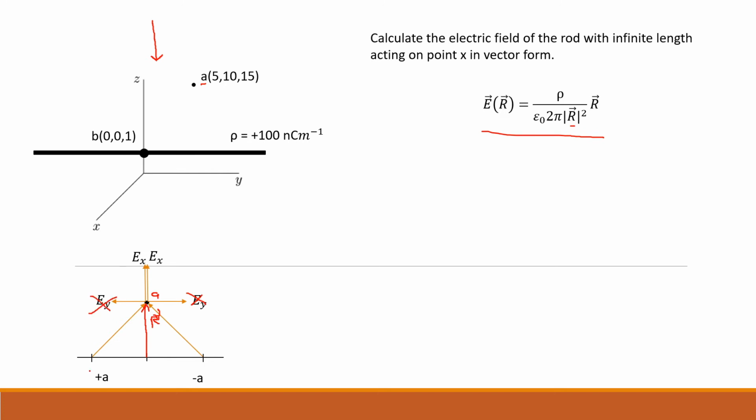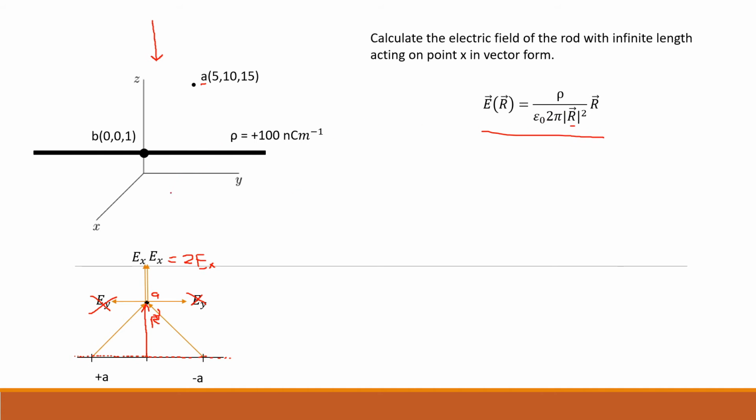We don't have any Ey here, but the Ex components are parallel to each other, and hence we add them up. This is true for all the little points, and if we add them bit by bit, we get 2Ex in the end. That's the reason why we have 2 pi instead of 4 pi as in the case of a point charge.